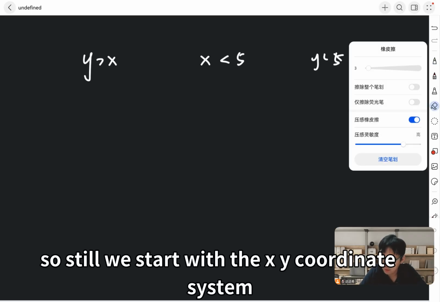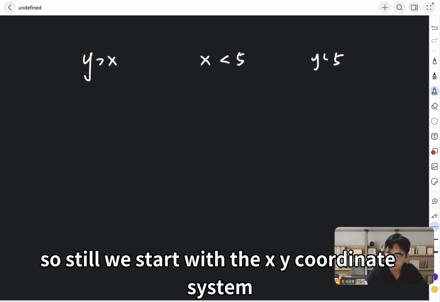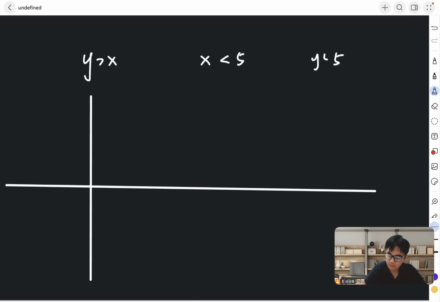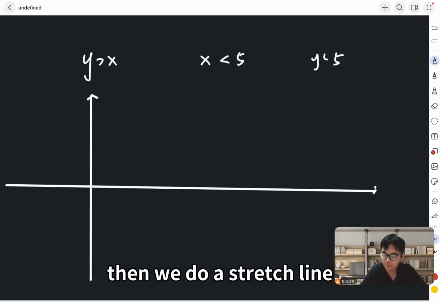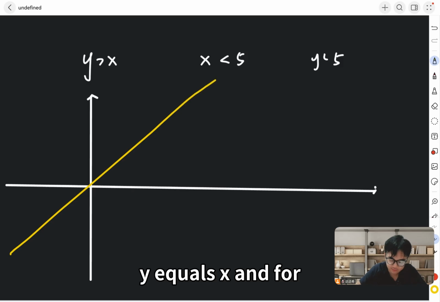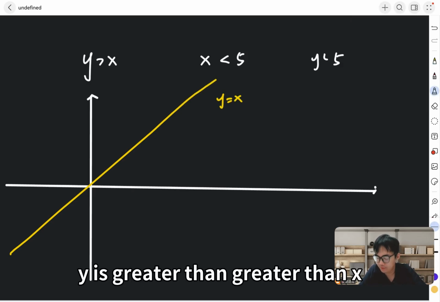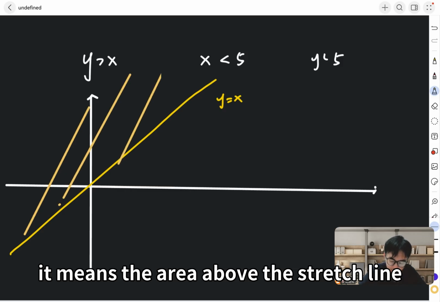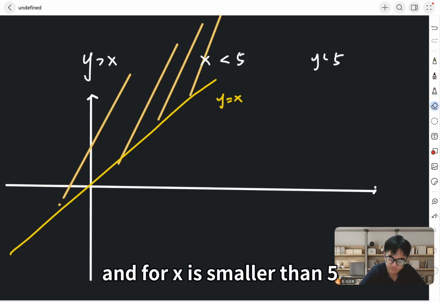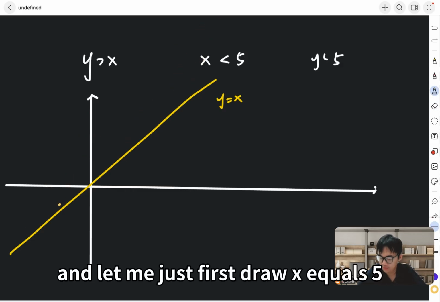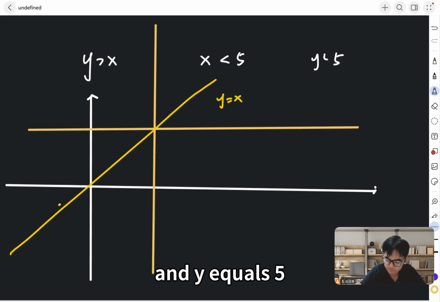So still we start with the x-y coordinate system. And then we draw a straight line y equals x. And for y is greater than x, it means the area above the straight line. And for x is smaller than 5, let me just first draw x equals 5 and y equals 5.